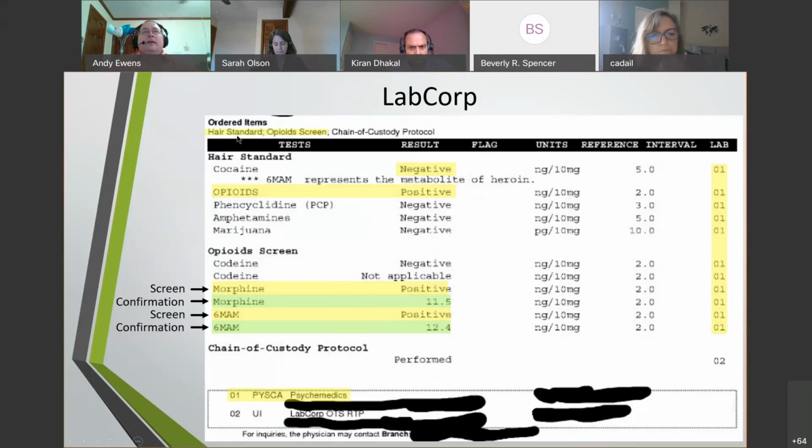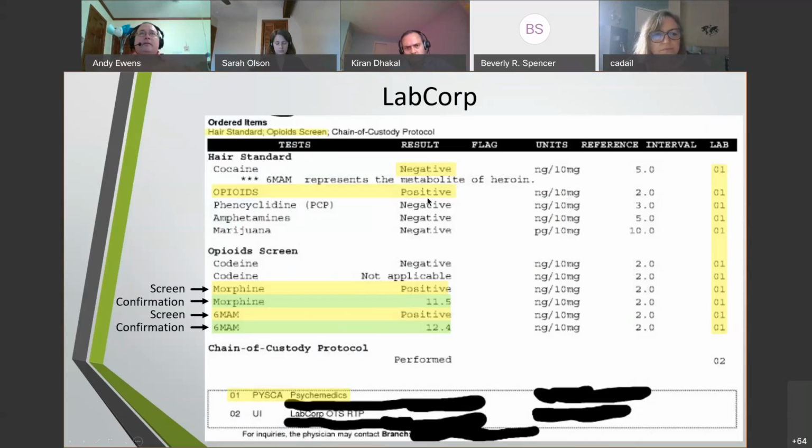So a standard might be a drug test, which includes cocaine, opiates, PCP, amphetamine, and marijuana. Those are usually the common ones that are looked at based on the Department of Transportation's regulated drug testing.